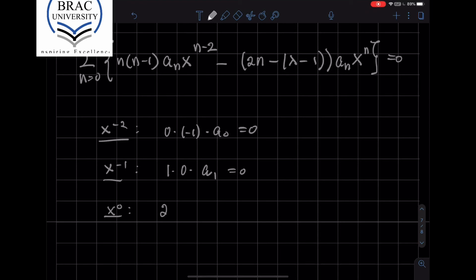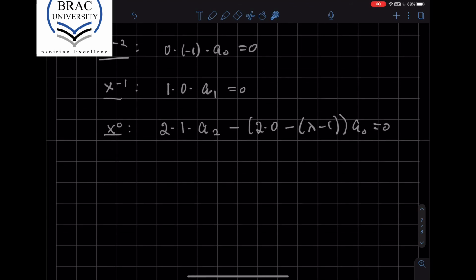So we get 2 times 1 times a_2, and then minus the quantity 2 times 0 minus lambda minus 1, times a_0.